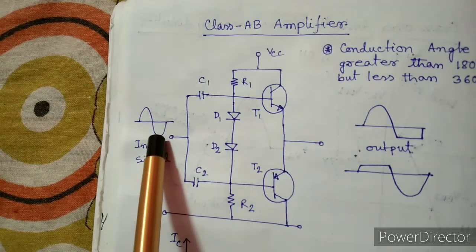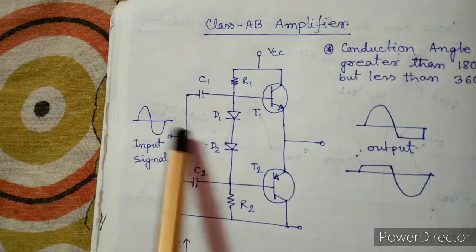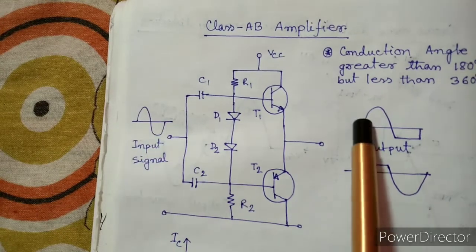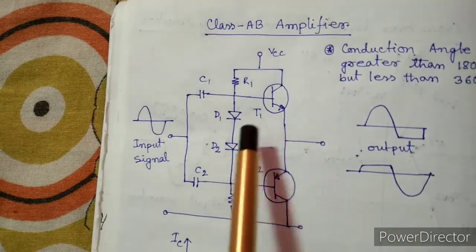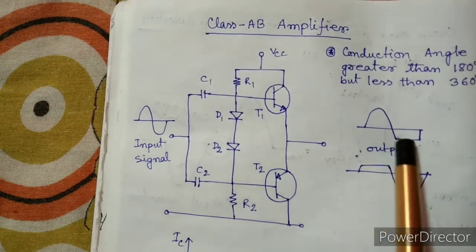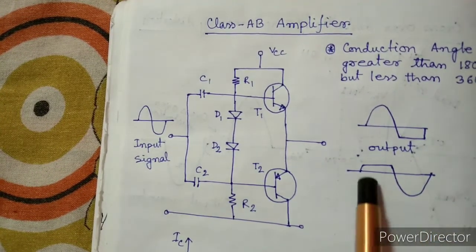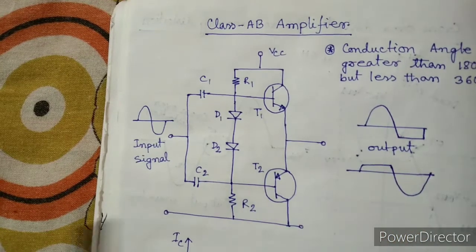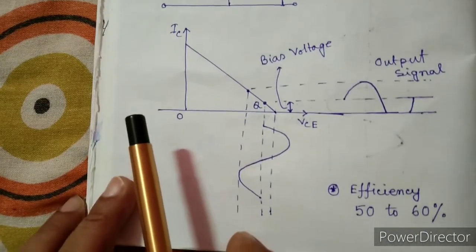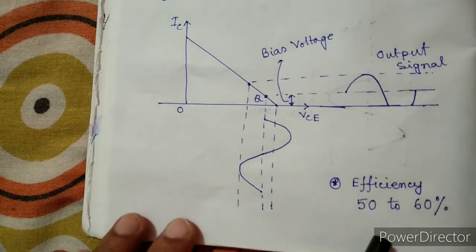So, we will get the output for the positive part when transistor T1 is on, and we will get this type of curve, and when transistor T2 is on, then we will get an output signal like this. Now, the efficiency of the class AB amplifier is about 50 to 60%.